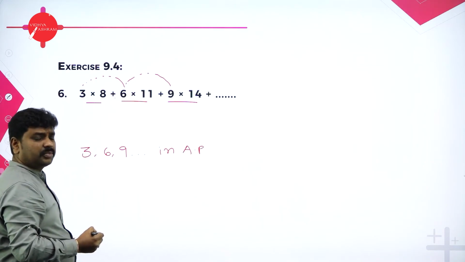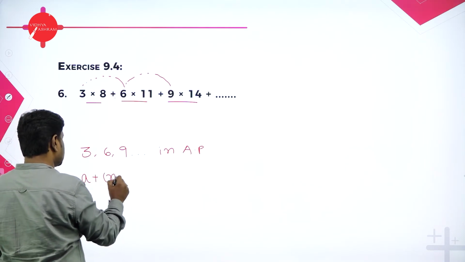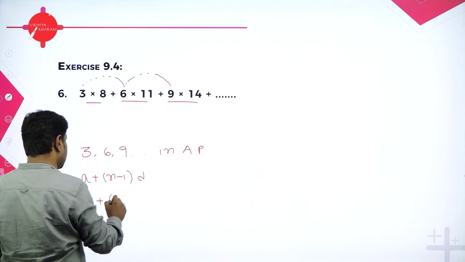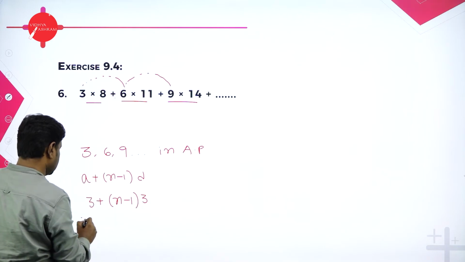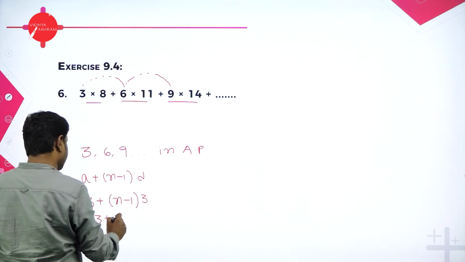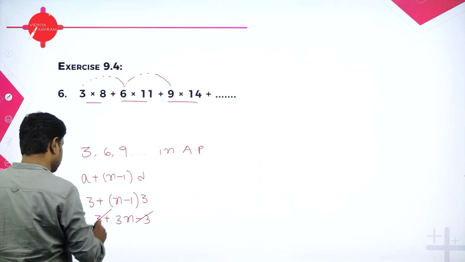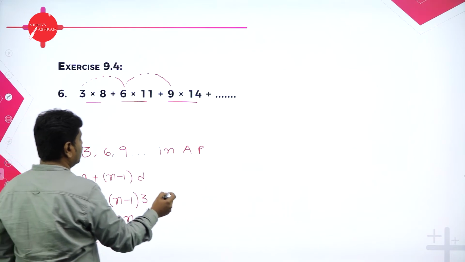If the terms are in AP, you can write the general term, which is a plus n minus 1 into d. That is 3 plus n minus 1 into d, where the common difference is 6 minus 3, which is 3. So 3 plus 3n minus 3 cancels, and you get 3n. So for 3, 6, 9, the general term is 3n.